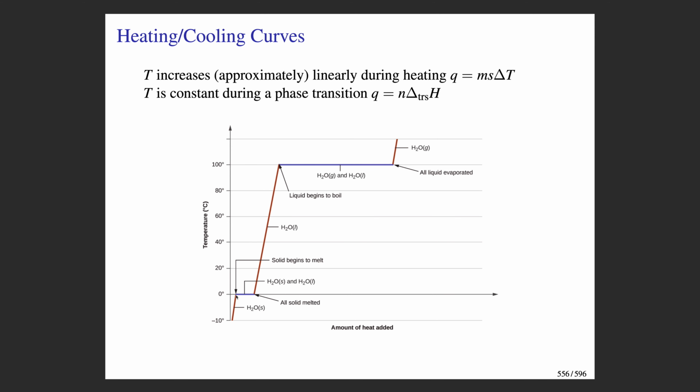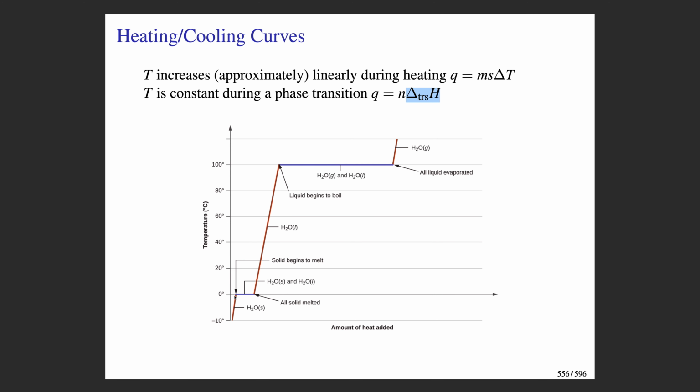Once you get to the melting point of the ice, you'll notice that as you add more heat, the temperature doesn't change. This is often called the latent heat, and it corresponds to the change in the enthalpy of the phase transition.